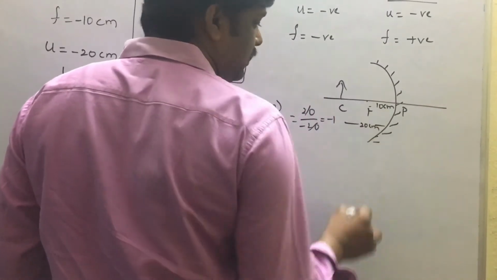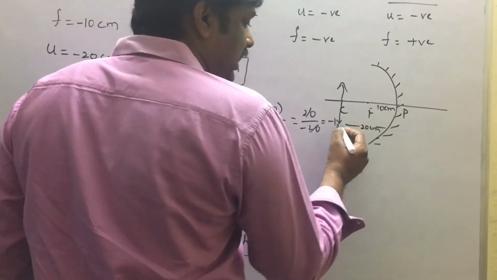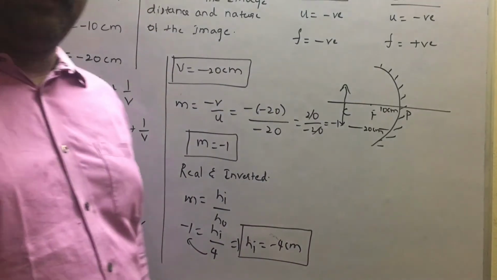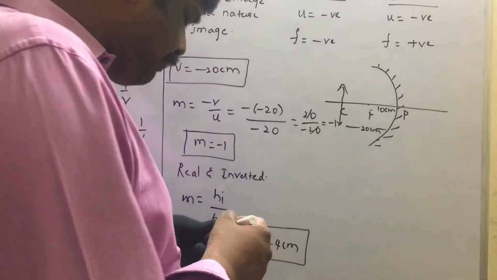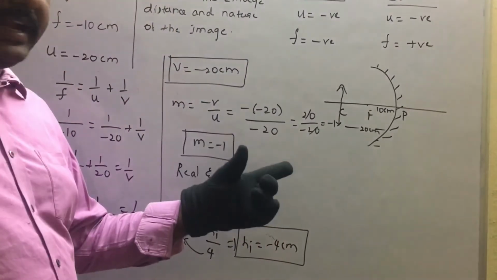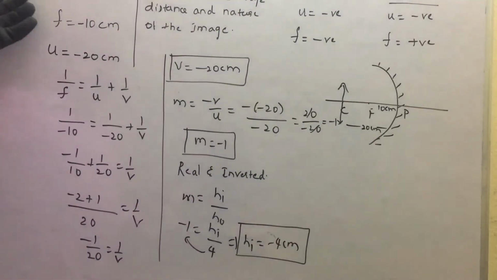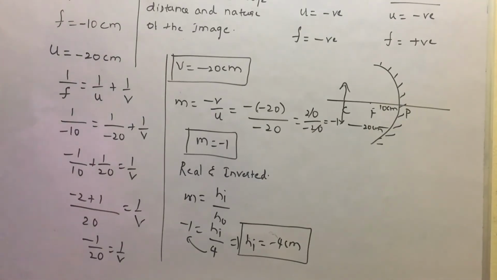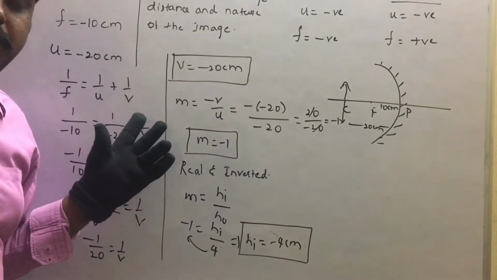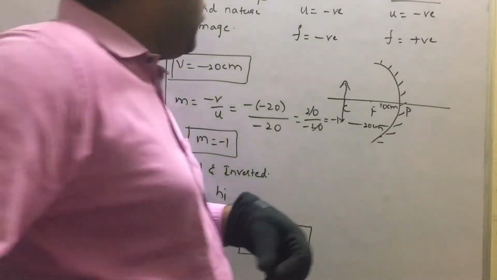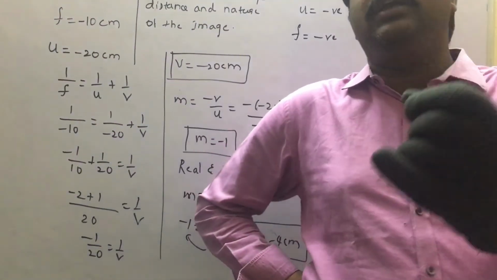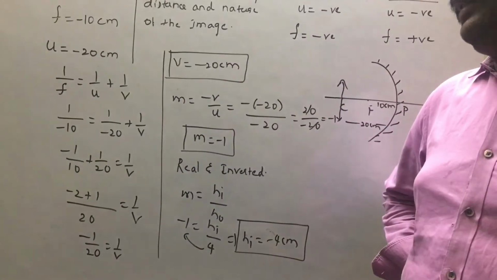If the object is kept at the center of curvature, the image is formed at the center of curvature, as we know according to the ray diagrams. Now I hope you understand this. We have taken f as negative, the focal length is given, and the object distance should always be taken as negative. What if we consider the same problem for a convex mirror?